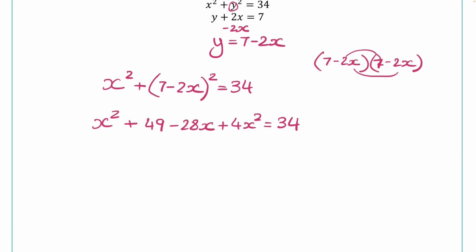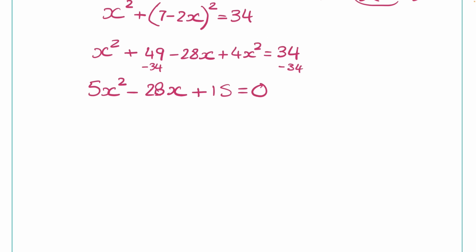Okay, I need to tidy this up, make it equal to 0. So if I add together the x squareds, we get 5x squared. We have minus 28x. And then we also have to take away this 34 from the 49 so that it equals 0. And that leaves us with plus 15, and that's equal to 0.